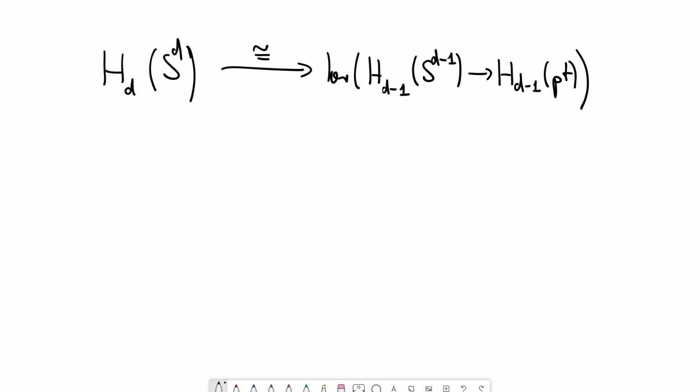What I mean is I want to have a diagram like that, where here we have this induced map by the reflection.